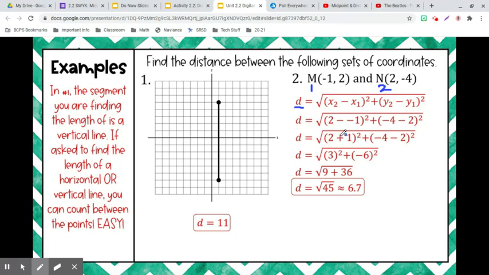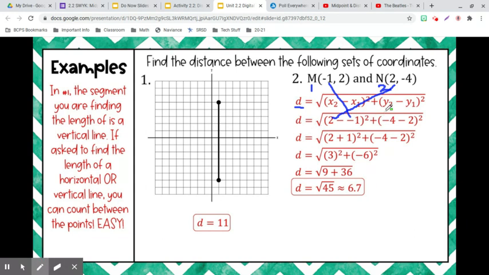Now all we have to do is sub in our numbers. So our M is our 1, so we have negative. This is our x and our y. And on M, this is our x and our y. So we come down here, and it is x2 minus x1 squared.